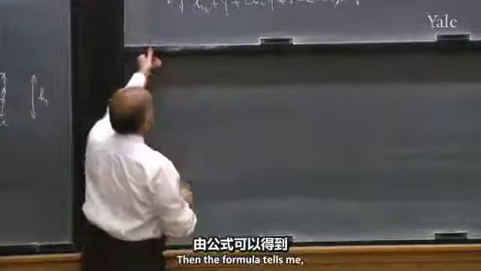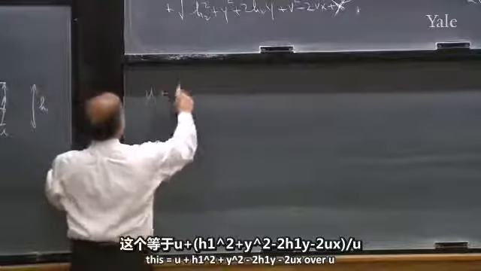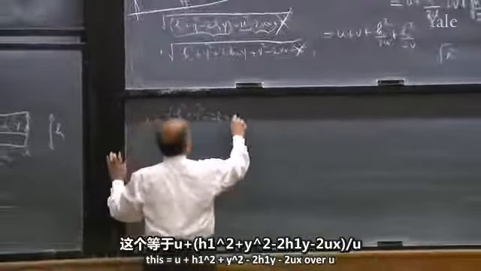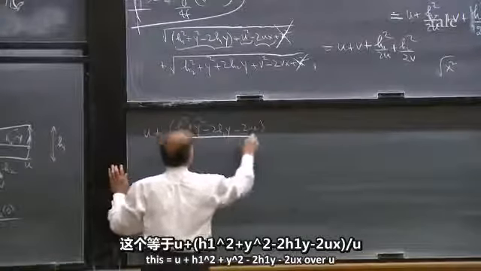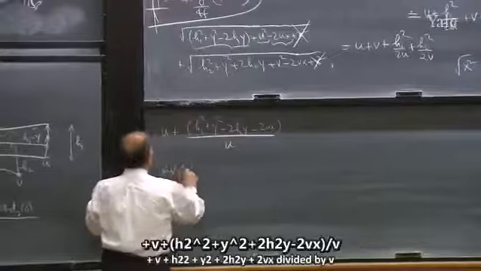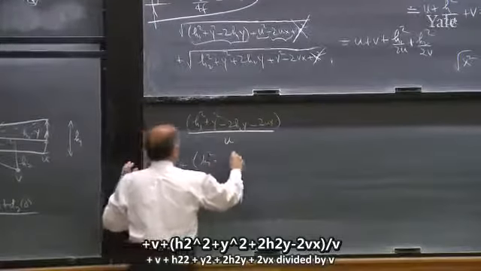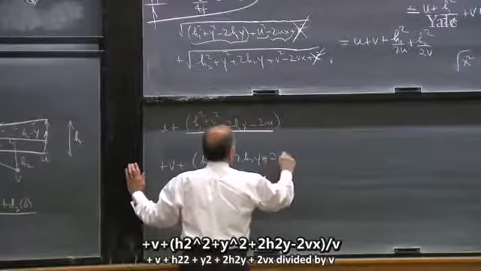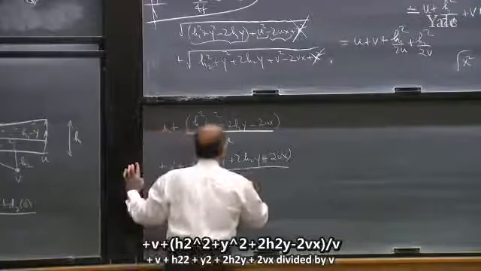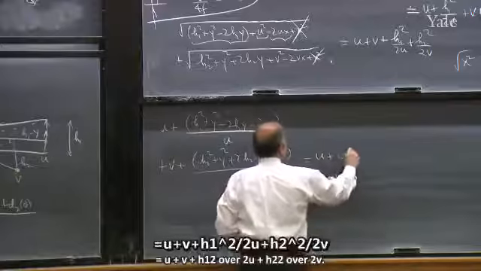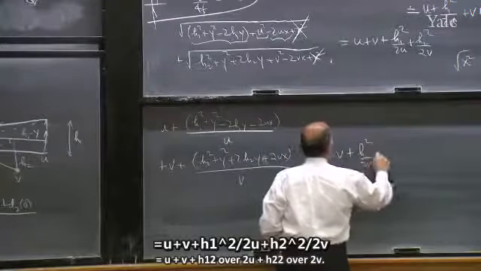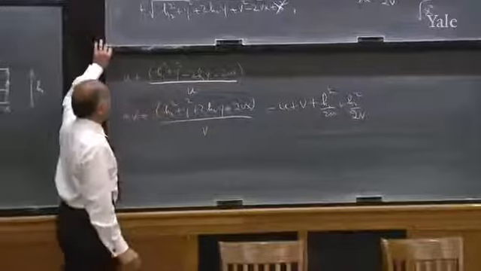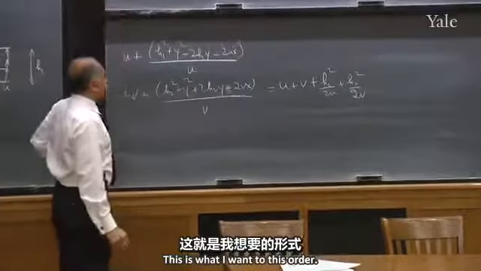Then the formula tells me this is equal to u plus h1 squared plus y squared minus 2h1y minus 2ux over u plus v plus h2 squared plus y squared plus 2h2y minus 2vx divided by v is equal to u plus v plus h1 squared over 2u plus h2 squared over 2v. This is what I want to this order.